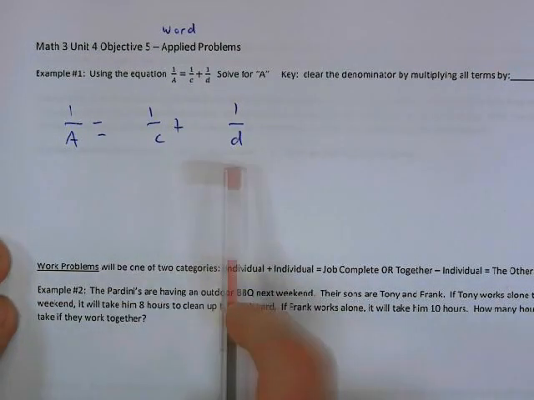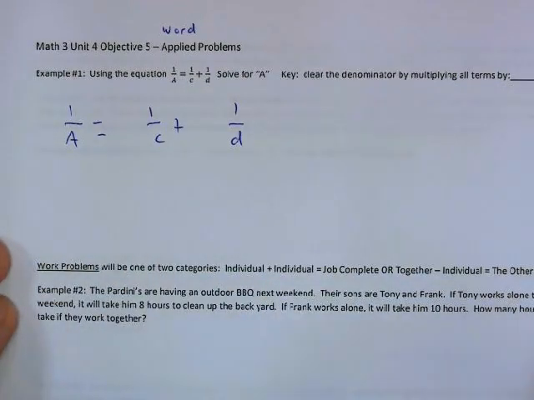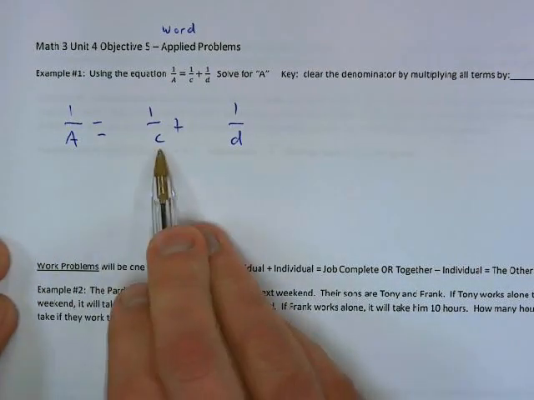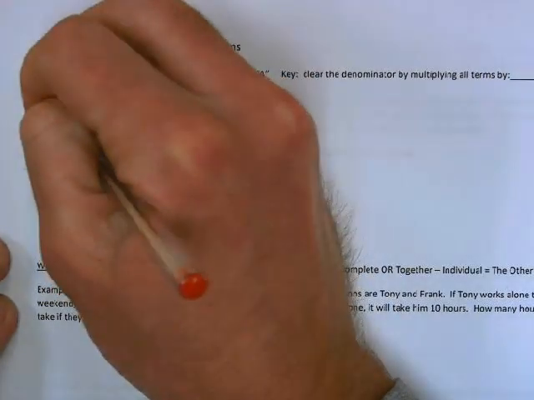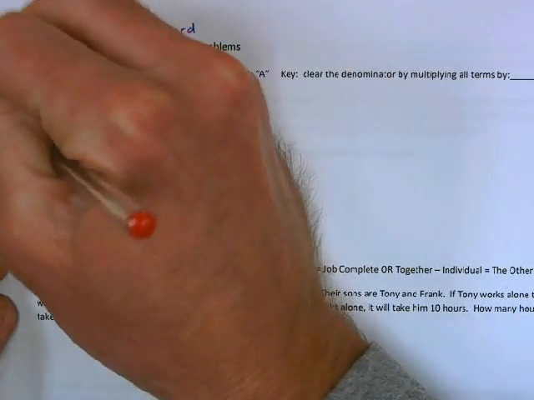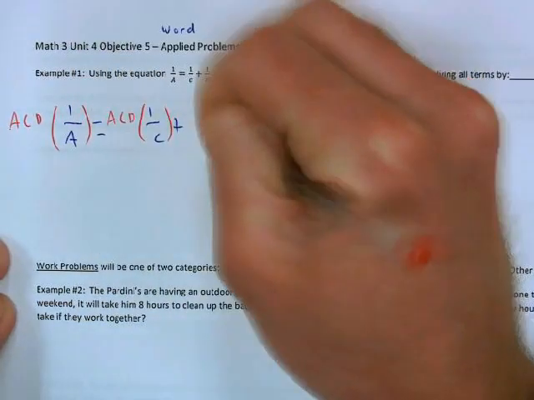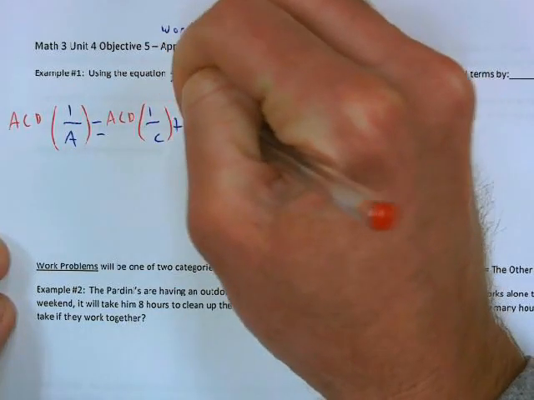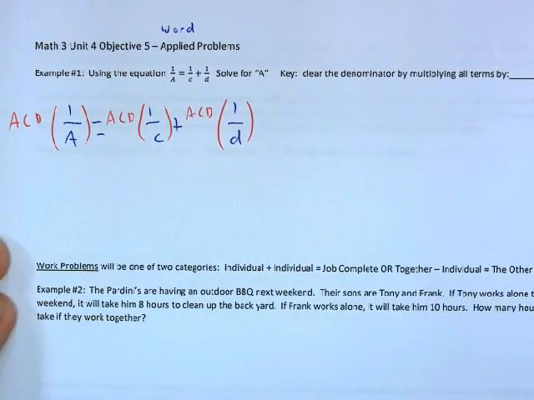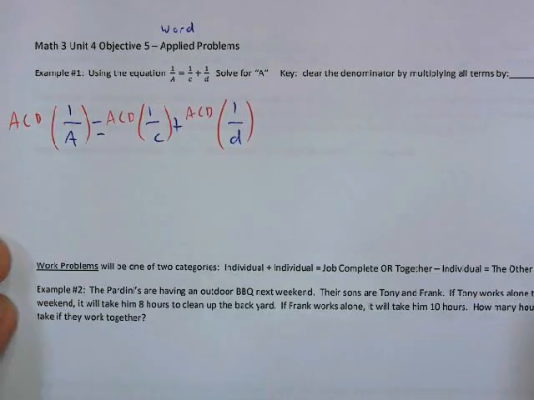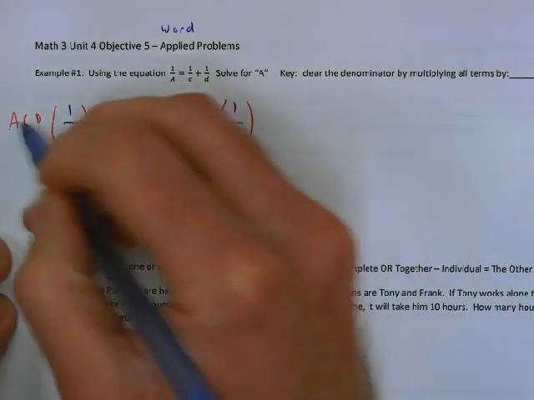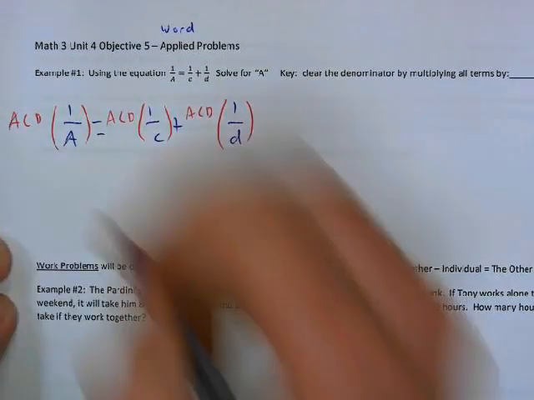I also don't like having these fractions, so let's get rid of all the fractions, and we want to multiply everything by an a and a c and a d. So I want to multiply everything by acd. On the first fraction, the a's are going to reduce, and I'm left with 1 times cd, so we get cd.